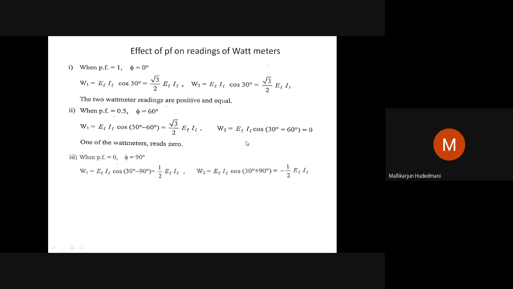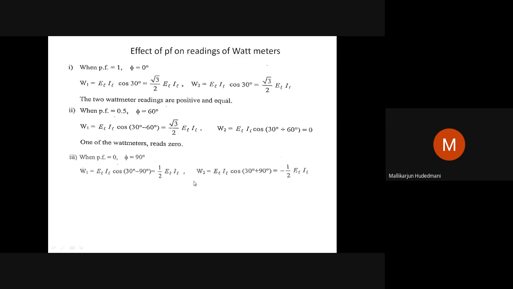What is the observation here now? Half ELIL, half ELIL, but there is one sign extra, minus. Both the instruments read equal and opposite to each other. It means W1 and W2 are reading equal magnitude but opposite in direction.